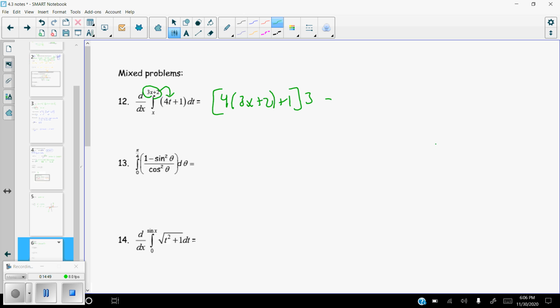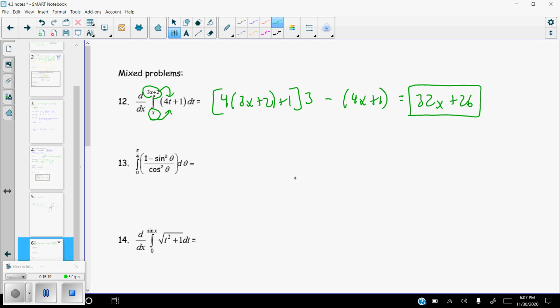And then minus, now we're going to take the x and plug that in. So we're going to get 4x plus 1 times the derivative of x, which is just 1. So then we could go ahead, distribute everything, simplify it all down. I'm not going to walk through the whole process. I believe you get 32x plus 26. I believe that that's the final answer. You guys can check that.